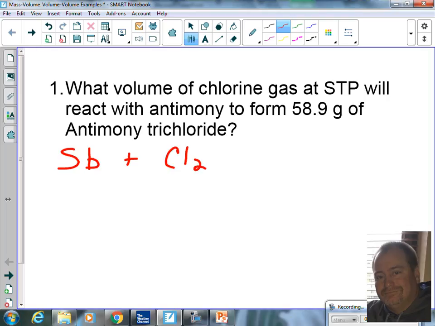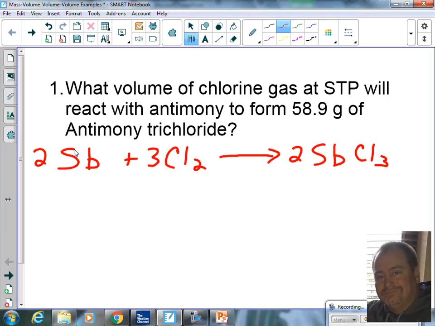Chlorine is a super 7, so it's diatomic. And we're going to get antimony trichloride. I need to balance that. Take my chlorines to 6. Now I have a balanced chemical equation.